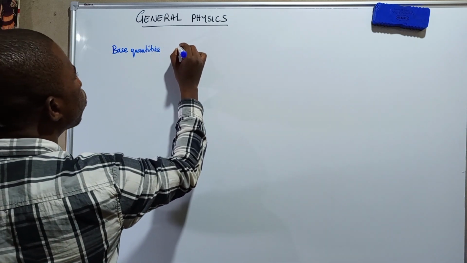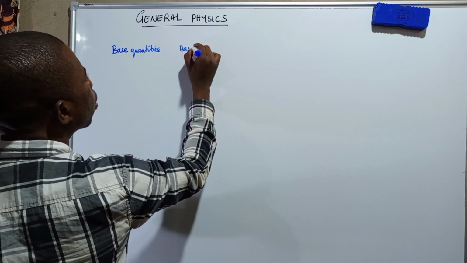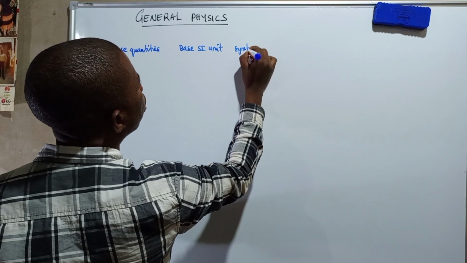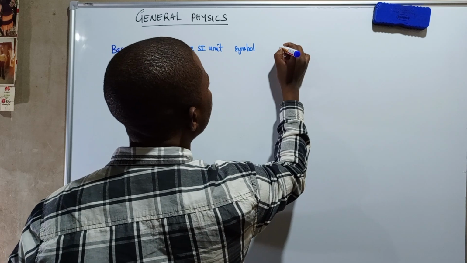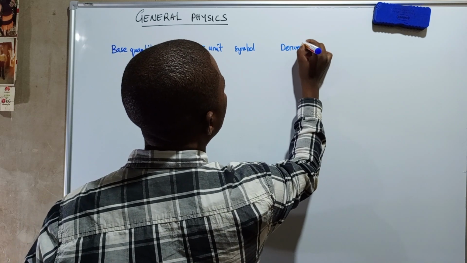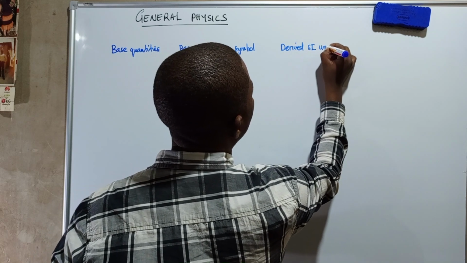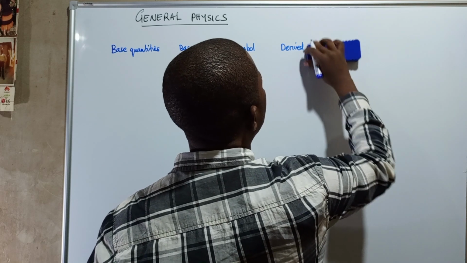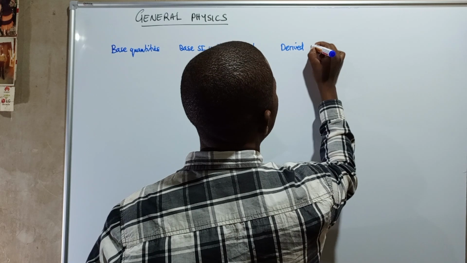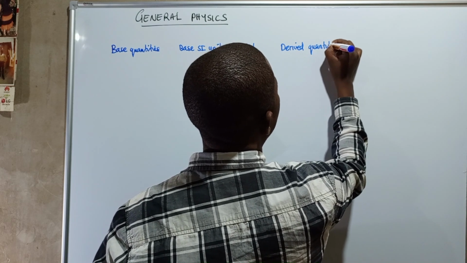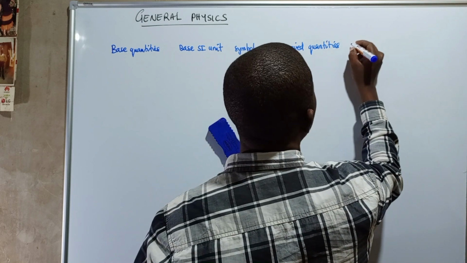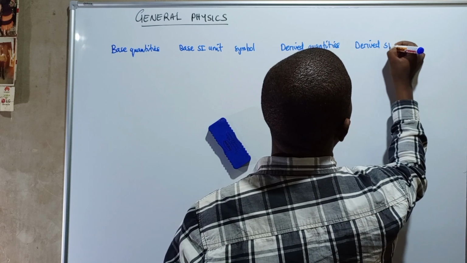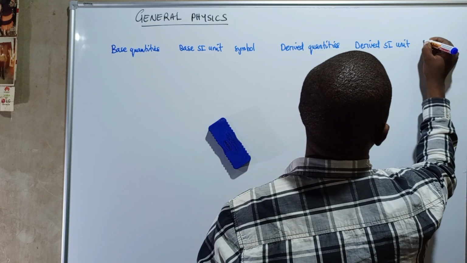Then we'll also have derived quantities, then derived SI unit, then symbol here.